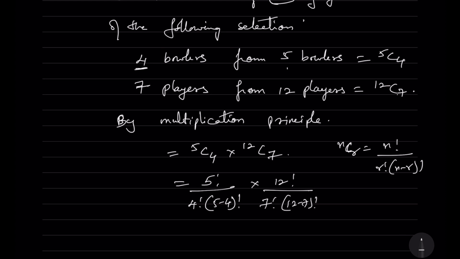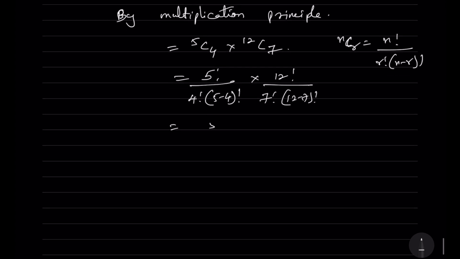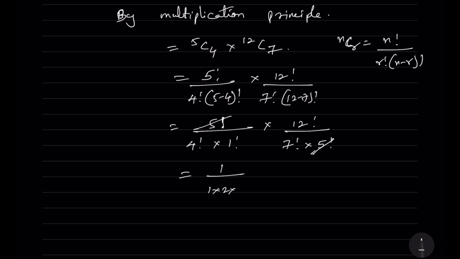This is equal to 5 factorial by 4 factorial into 1 factorial, into 12 factorial divided by 7 factorial into 5 factorial, since 12 minus 7 is 5. So this 5 factorial and that 5 factorial get cancelled. We write the remaining: 1 by 1 into 2 into 3 into 4, into 12 into 11 into 10 into 9 into 8 into 7 factorial divided by 7 factorial.